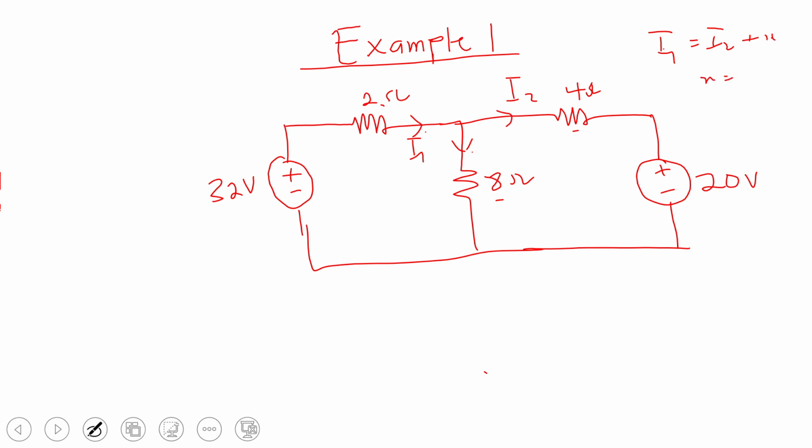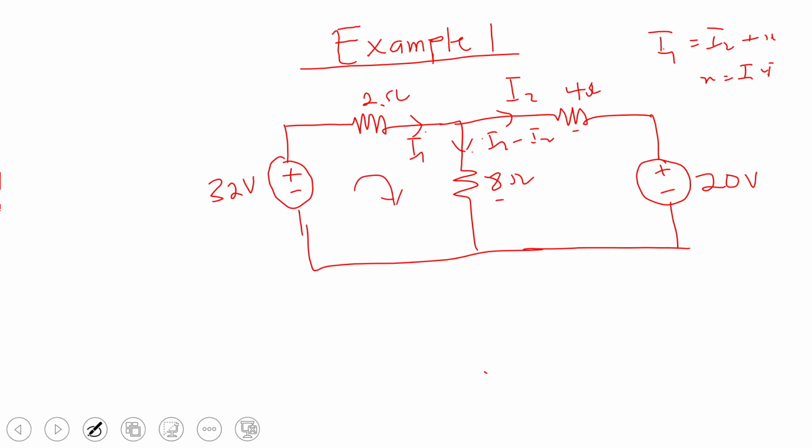So let's say X. So X is I1 minus I2. So I'm going to put I1 minus I2 here. Now what happens is that I finish assigning the current direction and I determine my own direction. You can take this question and change the direction and you will come back to the same answers. The only thing is sometimes you may get a negative answer and I will get a positive answer. That is all, but they are all the same.